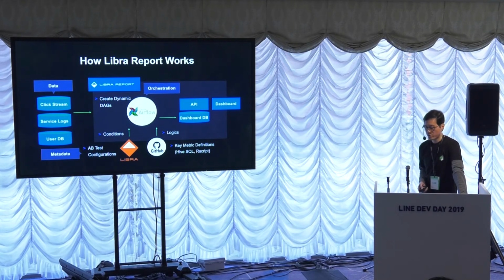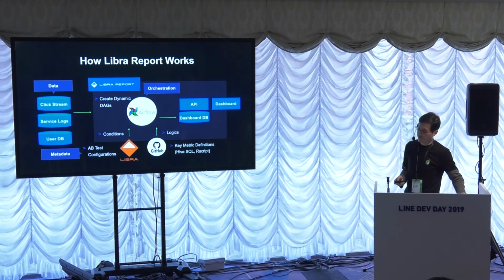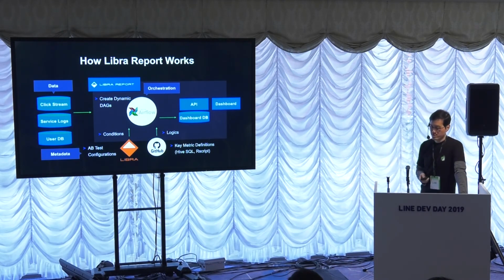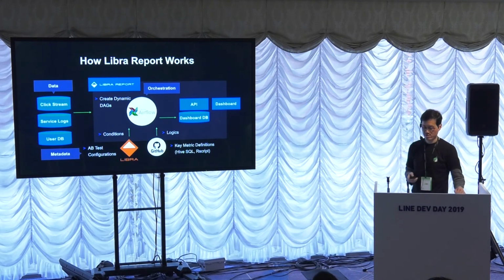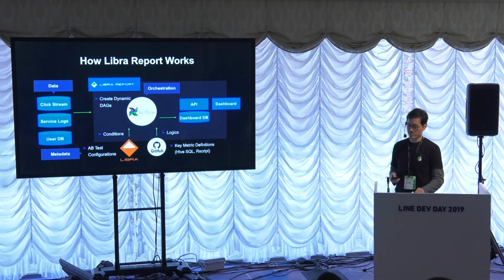And we also prepare Hive SQL and R-Script to calculate metrics. They are stored in GitHub repository, and they were loaded and executed by Airflow using clickstream and service log. The results are stored in the dashboard database and served by API server to be shown on Libra report dashboard.